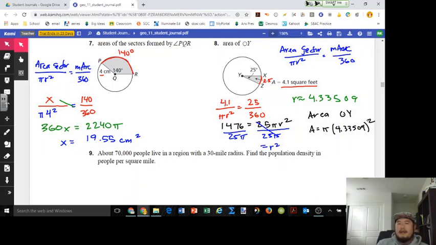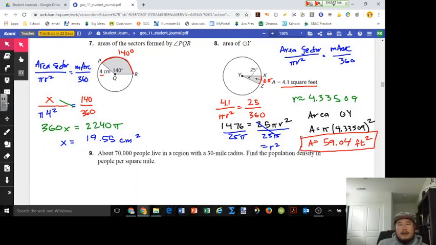You take pi times answer squared, and it should work out. So the area of this circle right here ends up being approximately 59.04, and we are dealing with feet. So it's 59.04 feet squared.